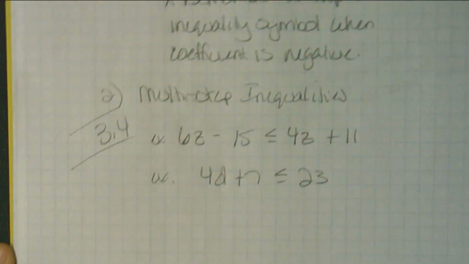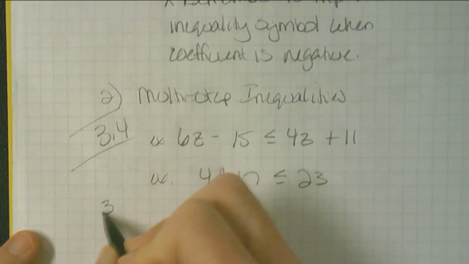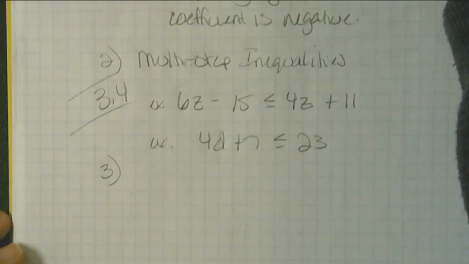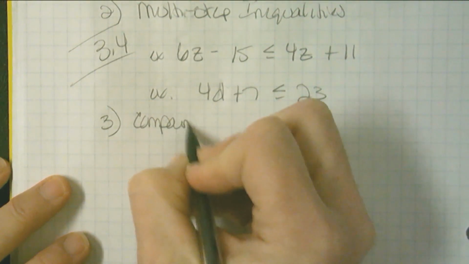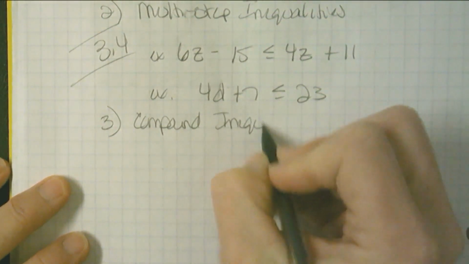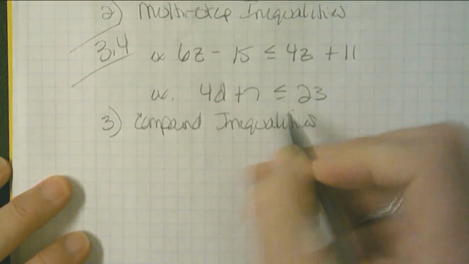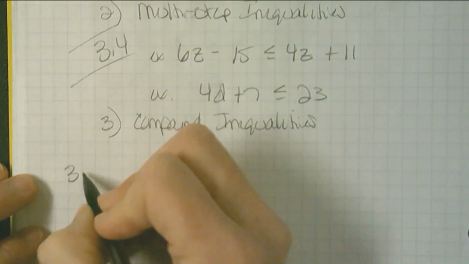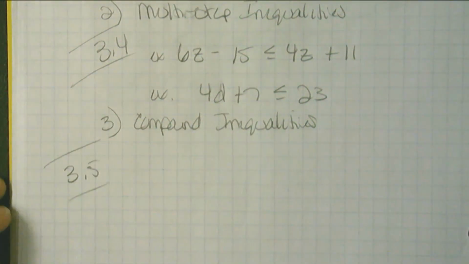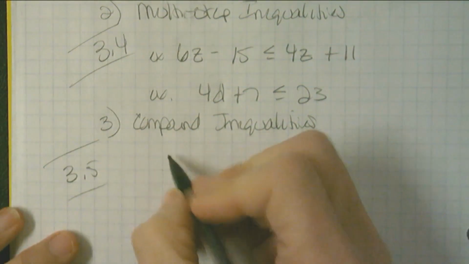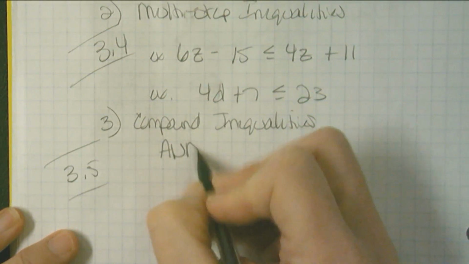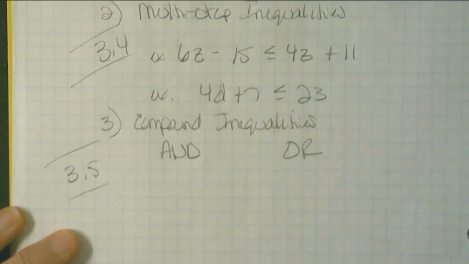All right. Then we dove into compound inequalities. All right, this was 3.5. This is when you have your ands and you have your ors.